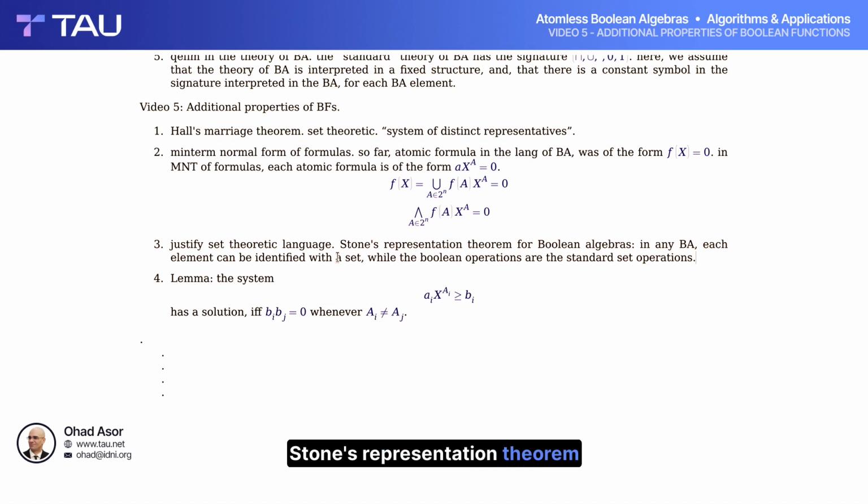Stone representation theorem has much more far-reaching consequences, mainly about a topological duality, which comes with a whole very interesting topological results and considerations and duality between Boolean algebras and certain topological spaces. But we will not get into it. So back to our setting. So minterms are disjoint sets.